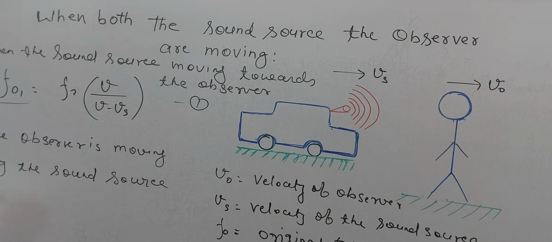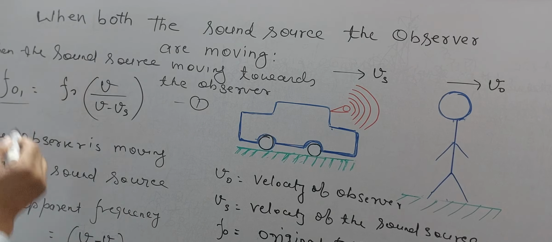So our frequency will be FO1, our apparent frequency. Now it is moving away, so our numerator will decrease: V minus VO divided by V, times FO1. This is our equation number 2.